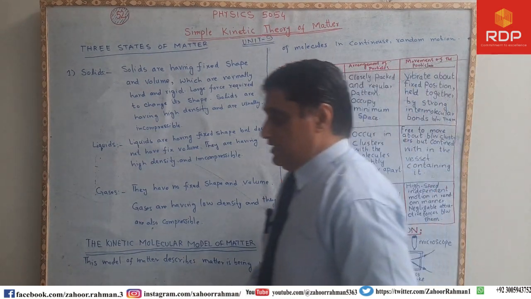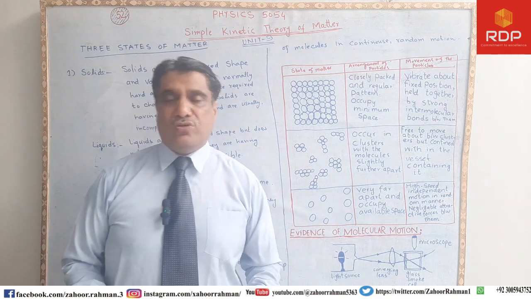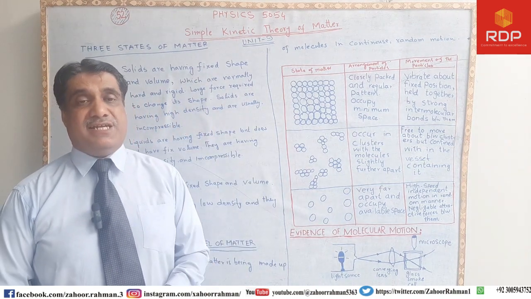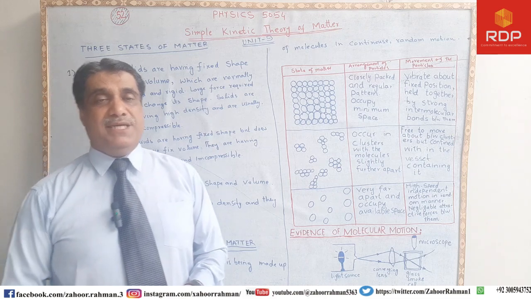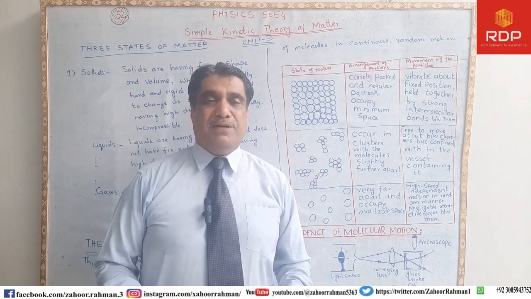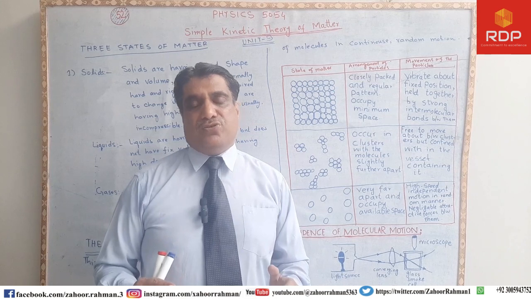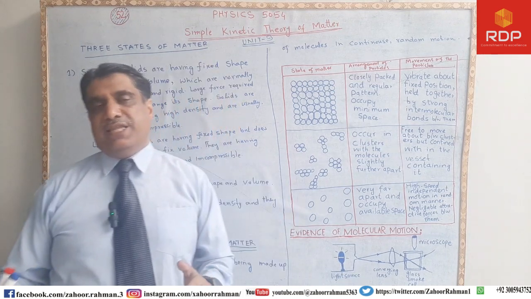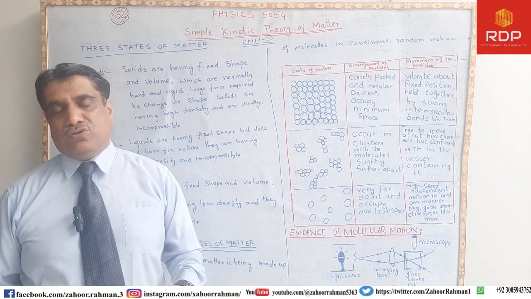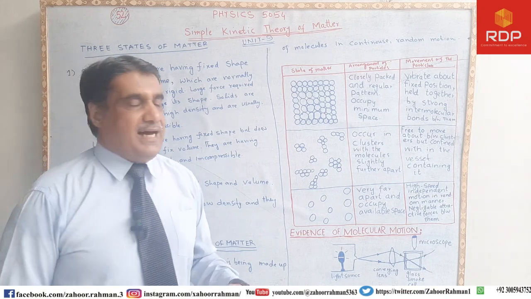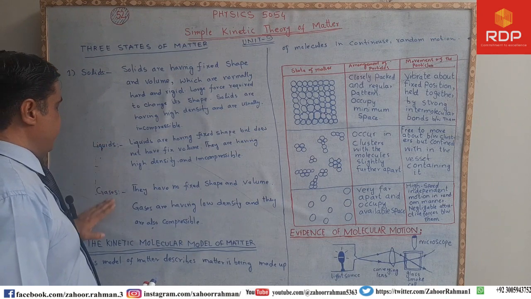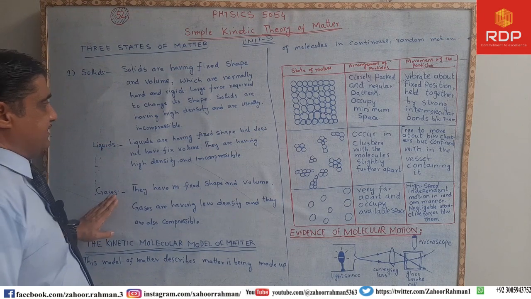Ladies and gentlemen, keep in mind that so far 7 to 8 different states of matter have been discovered, but we are sticking only to those states which are included in this basic level course. They are solid, liquid, and gases.